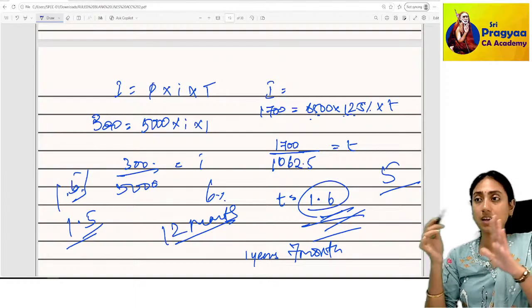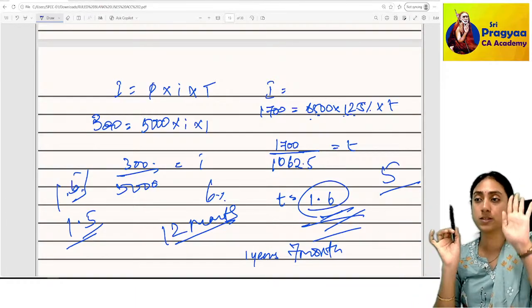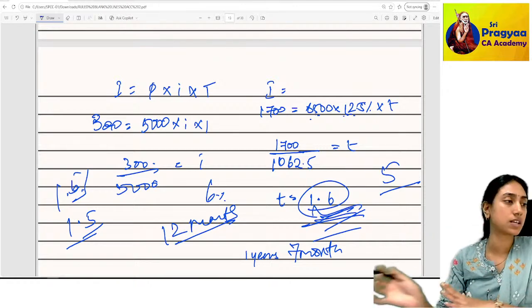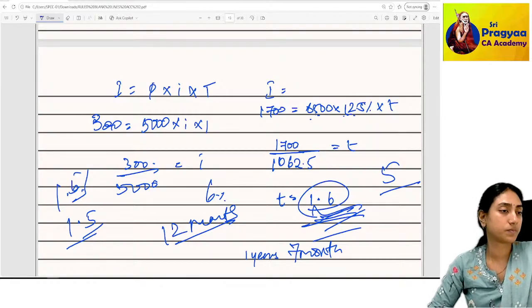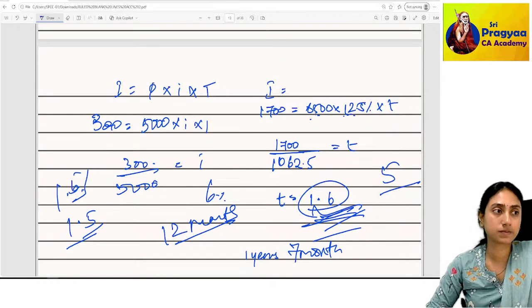Year wise ல பார்த்தா 6, but 1.5 is 0.5. Okay, well, here you are having 0.6. The closest is 1 year 7 months, because none of the above is also. இல்ல 1 year 7 months.